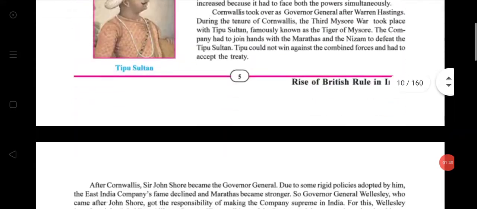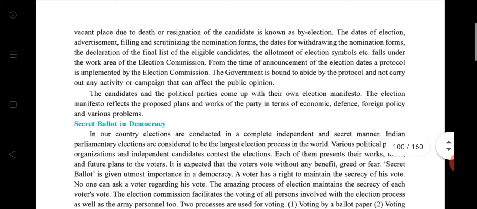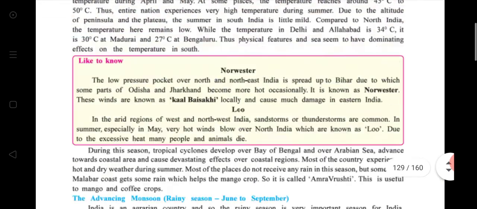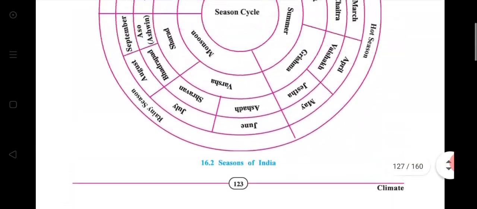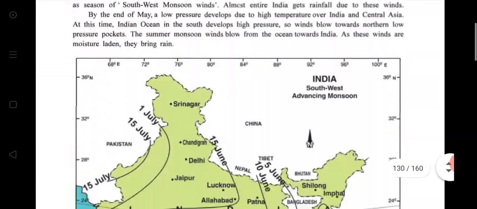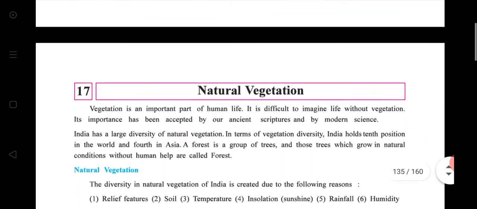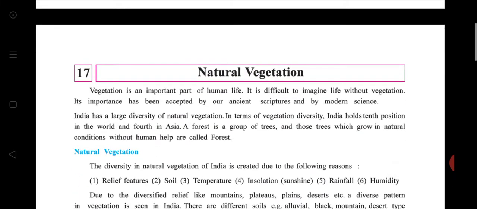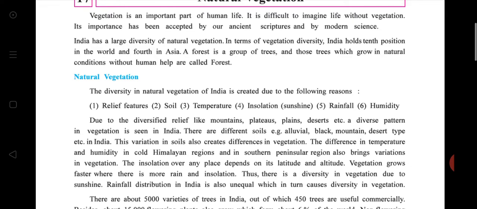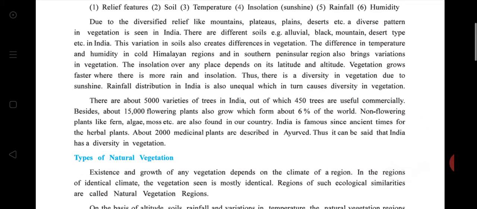Chapter number 17, Natural vegetation. We studied in the last lecture what natural vegetation is, then diversity in natural vegetation, reasons for that, and types of natural vegetation, right?